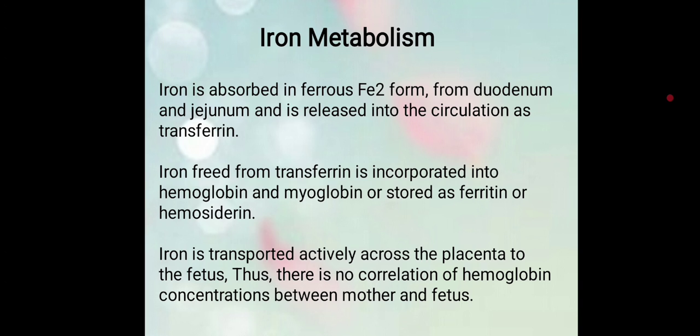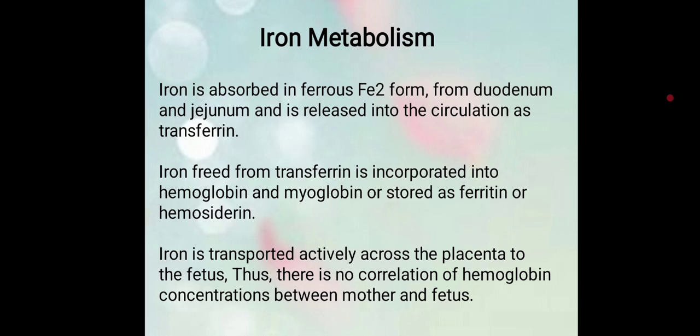Storage form ferritin هو main storage form of iron or hemosiderin. Difference between hemosiderin and ferritin: hemosiderin insoluble and visible بالelectron microscope ما زي الفيريتين. فالstorage form ferritin mainly or hemosiderin. والabsorbable form هو الفيرس، والtransport بيكون through transferrin.